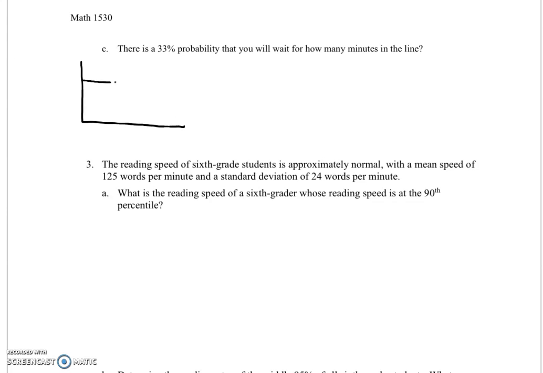So this is the kind where we're going in reverse. So we know that there's some x value that we don't know what it is, so that the area left of it is 0.33 or 33%.